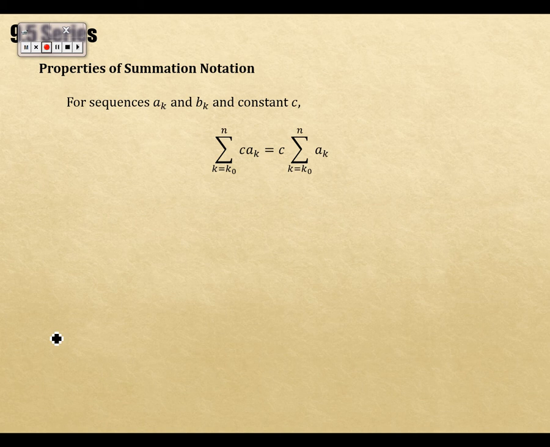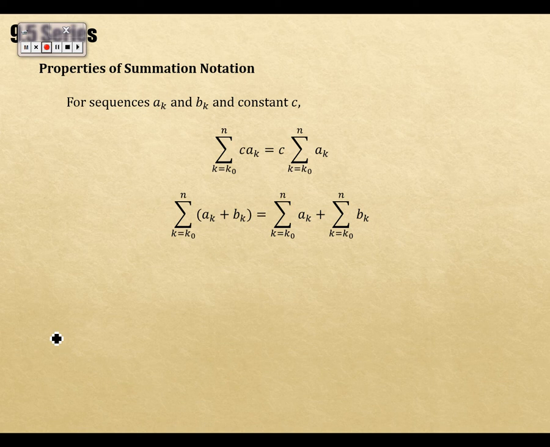You wanted to factor that 2 out. And you're welcome to do that anytime you want. In fact, I'm inviting you to do that. For any constant c, that can come right through the summation notation. That is, in the last example, that would have been 2 times the sum of just k. Constants can come right out of sums. We can also break up a sum: if it's something plus something, we can break it up.